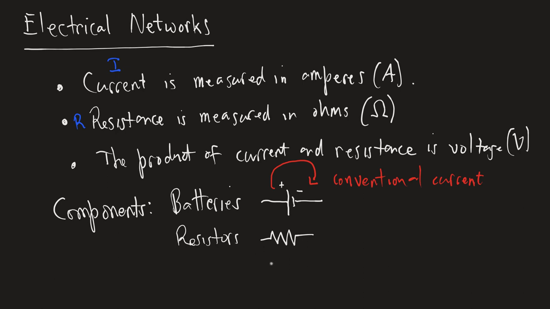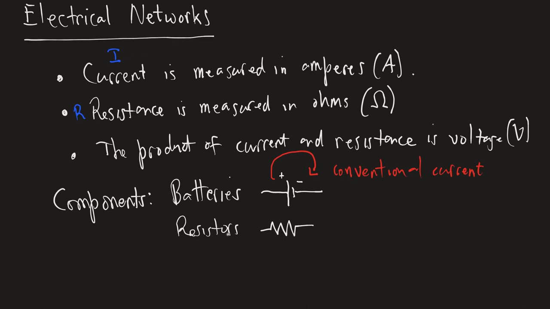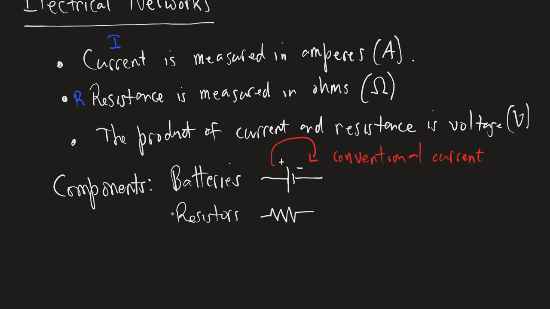So these are the components that will be in our circuit: a battery and our resistors. Our goal is to figure out what's the current that's flowing across each of the resistors. So our goal is to find the I's.